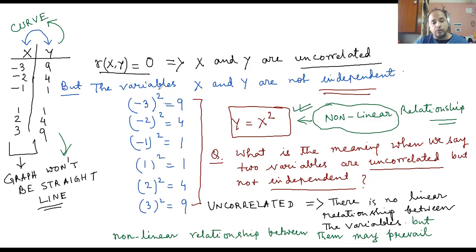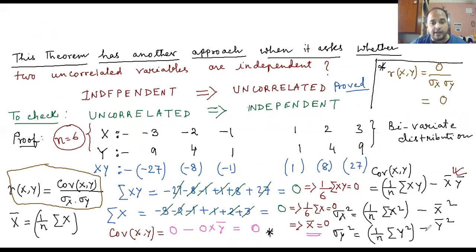So you have to understand very carefully the difference between linearity and non-linearity. When we say that the two variables are uncorrelated, that means there is no linear relationship between them, but a non-linear relationship may prevail between them.